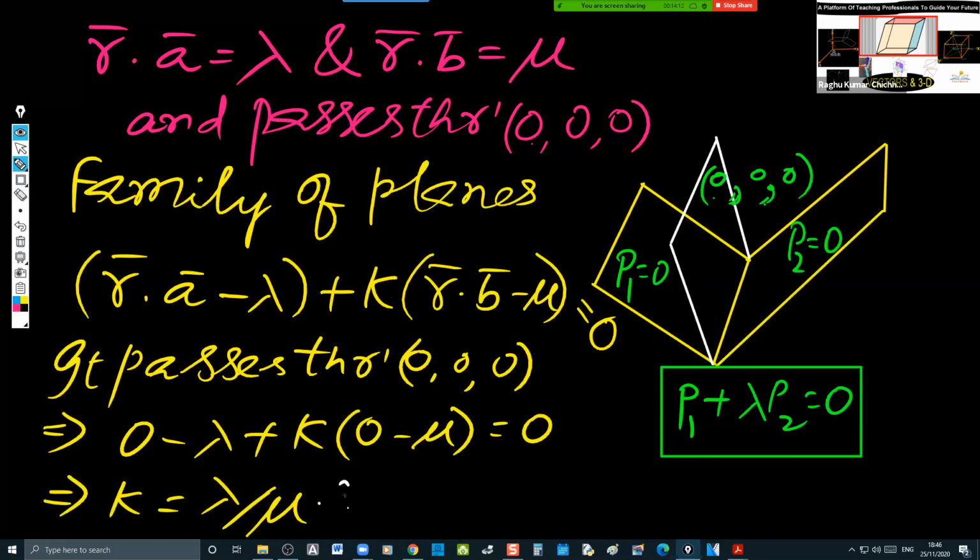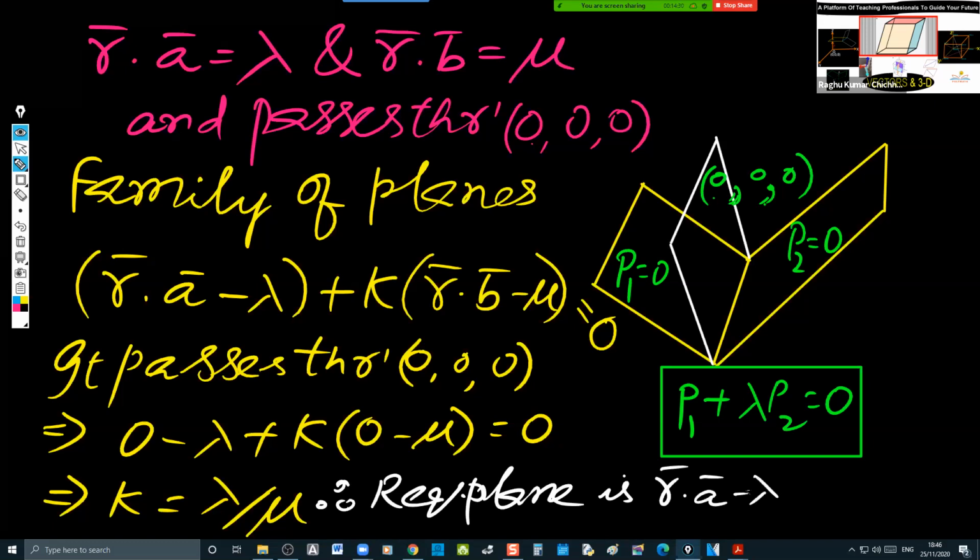Therefore, the required plane is, substituting k here, R bar dot A bar minus lambda, k value lambda by mu, into R bar dot B bar minus mu is equal to 0. Just see that please.